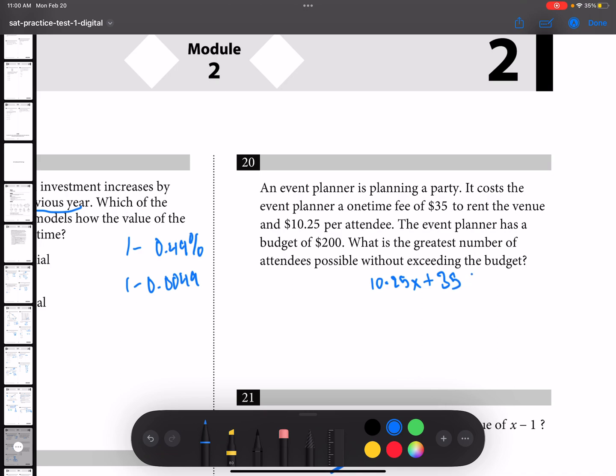The budget is 200, so that means the cost can be less than or equal to 200, and we're trying to find the max value it can go to. So 10.25x is less than or equal to 200 minus 35, which is 165. So x would be less than or equal to 165 divided by 10.25, which gives us 16. So that means our answer is 16.